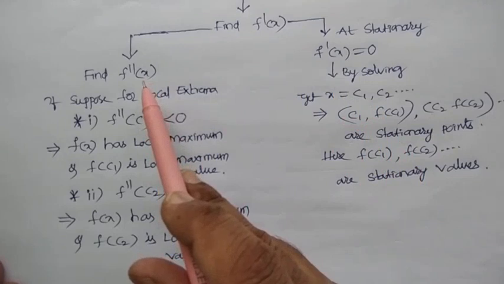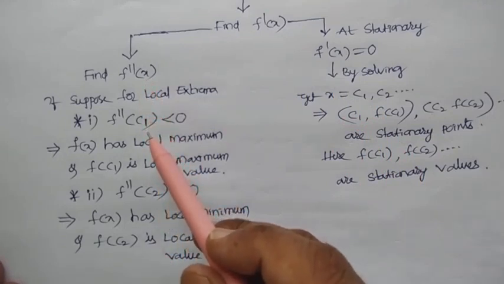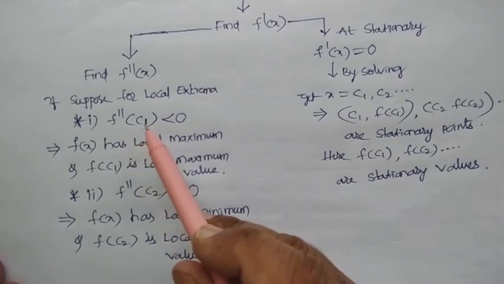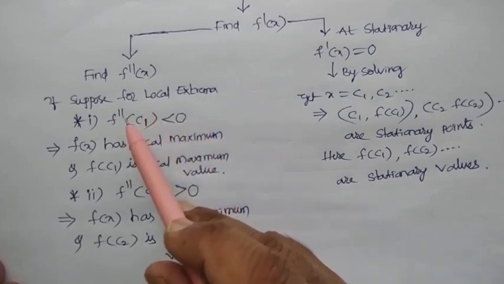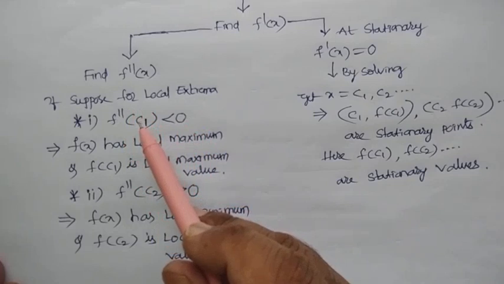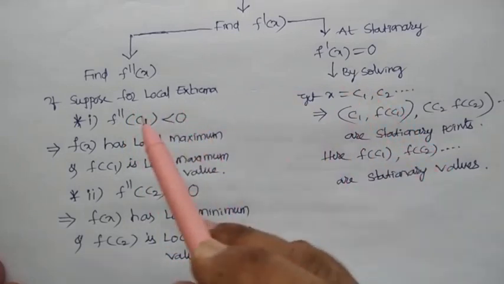Suppose whenever it is substituted, we got the result f double dash of c1 is lesser than 0, meaning a negative term while substituting this stationary point c1.